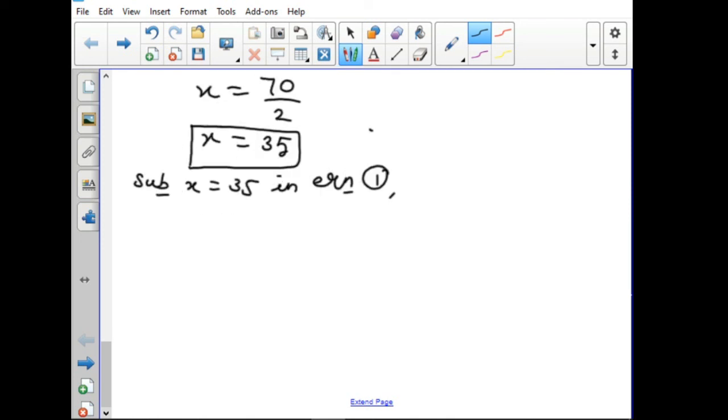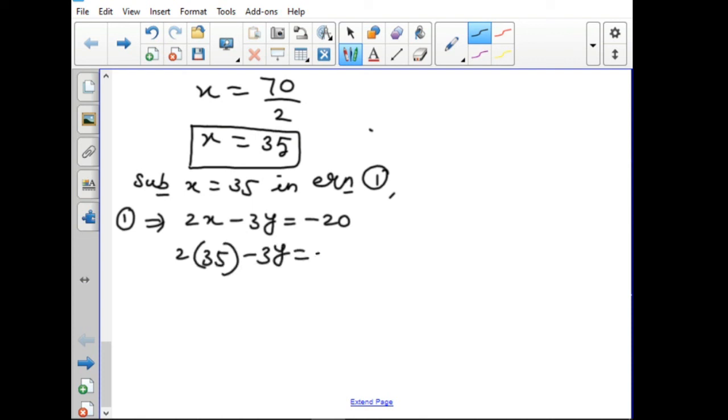What is our equation 1? Equation 1 will be 2x minus 3y equal to minus 20. Here you have to substitute 2 into x, which is 35, minus 3y equal to minus 20. 2 35s are 70, minus 3y equal to minus 20.